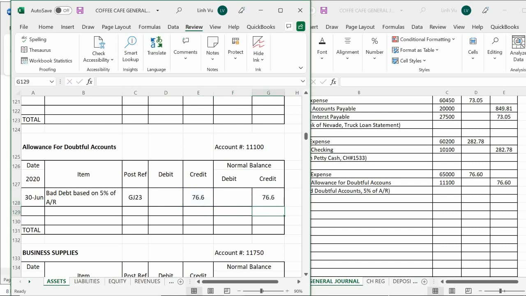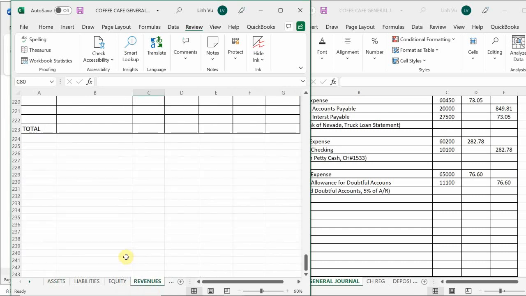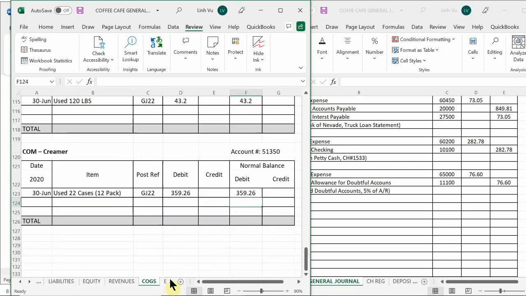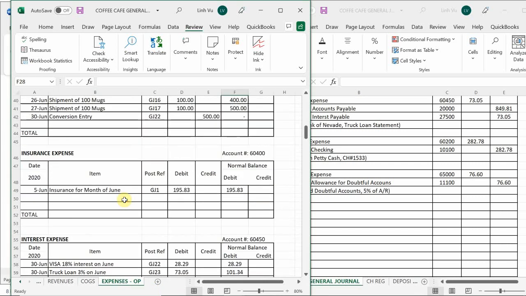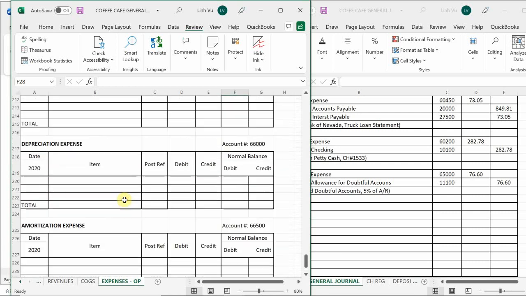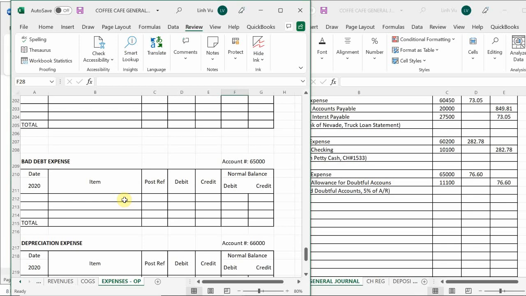Remember, this is a contra account. Go. Bad debt expense. 5% of AR. $76.60. Good.